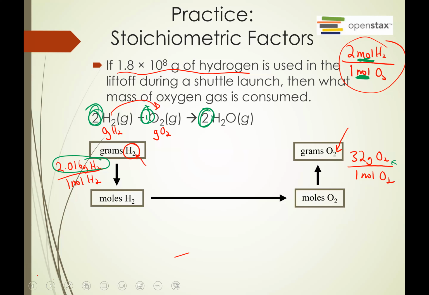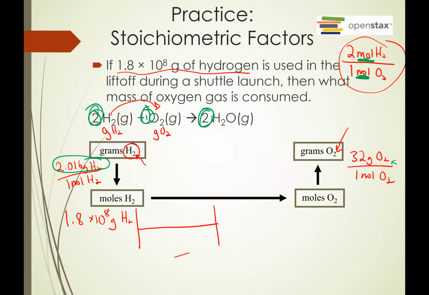All right, so let's try this. If we have 1.8 times 10 to the 8th grams of hydrogen, even if you're not sure where to go from here, we just know we have to get rid of hydrogen, right? Everyone agree? We have to get to moles. How do we go from grams to moles?